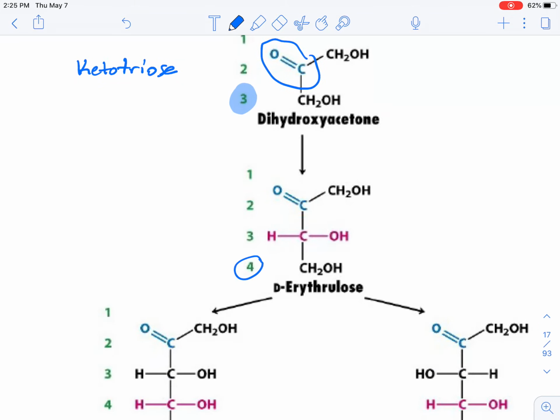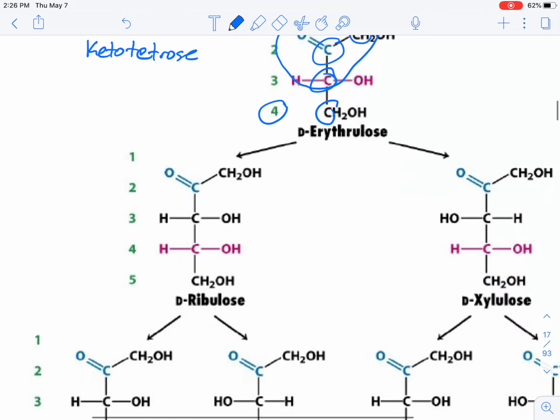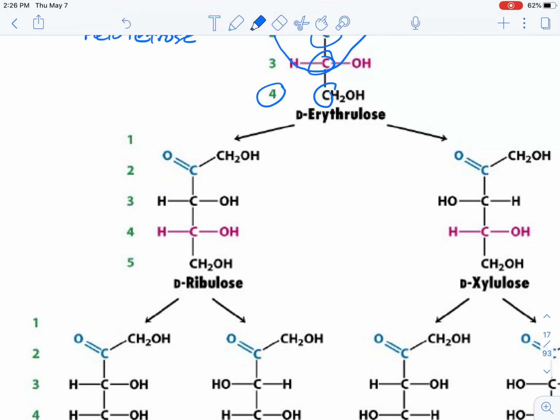Here I have 4 carbons, 1, 2, 3, 4, and a ketone functional group, so I'm going to classify this as a ketotetrose. Here, I have 1, 2, 3, 4, 5, so this is a 5-carbon carbohydrate with a ketone functional group. So this is going to be ketopentose.